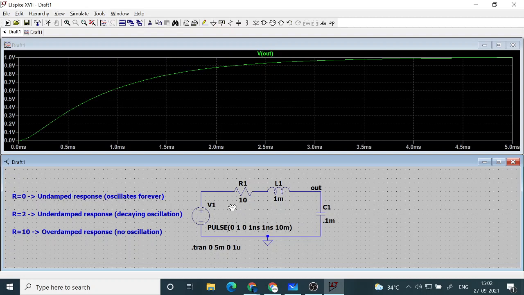So initially the whole energy will be in the inductor. It will be stored in the inductor, and after some time it will be transferred to the capacitor, and after some time again it will come back to the inductor, and it is basically exchanging energy between inductor and capacitor. So that is the sine wave.